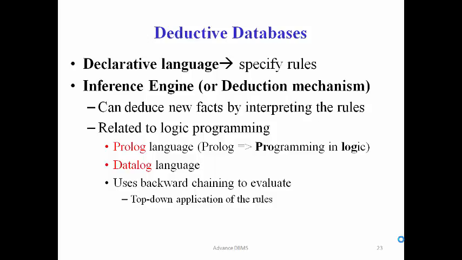An inference engine, or deduction mechanism, within the system can deduce new facts from the database by interpreting these rules. It is also related to the field of logic programming, the second one. This logic programming is called the Prolog language.